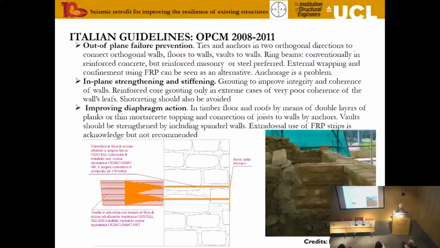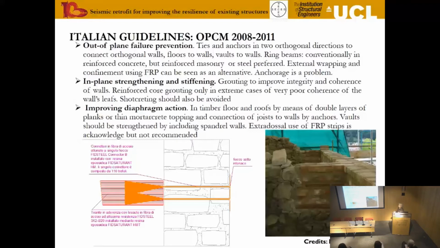And then for in-plane strengthening and stiffness, grouting again is mentioned. The reinforced core grouting only in very extreme cases of very poor coherence of the wall leaf, and shotcreting should also be avoided.